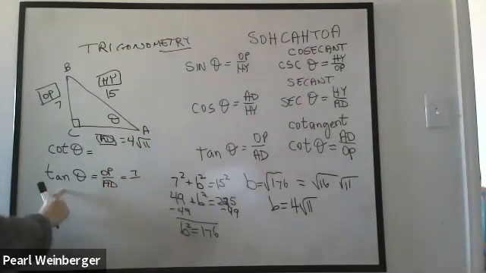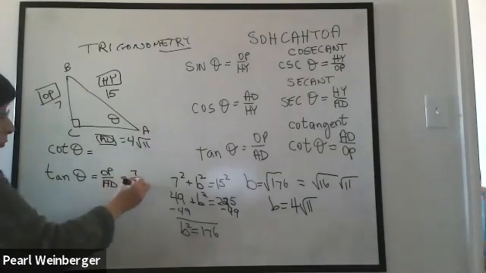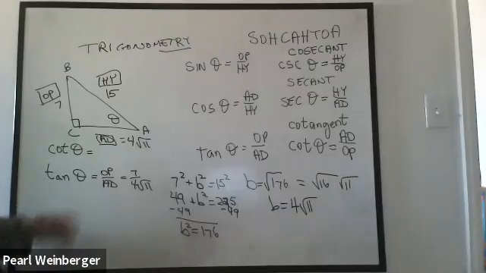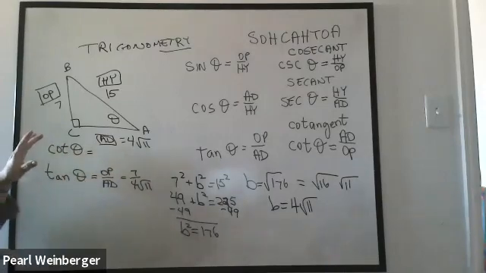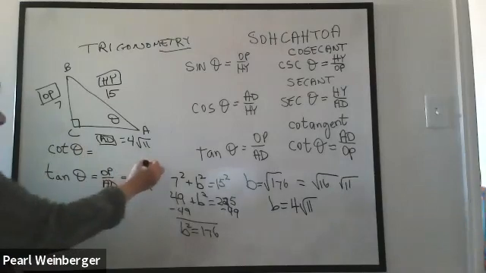So my tangent becomes opposite, which is 7 over 4 radical 11. And before I rationalize this, I remember that what I want to do is find the cotangent. And to find the cotangent, I have to take the reciprocal.